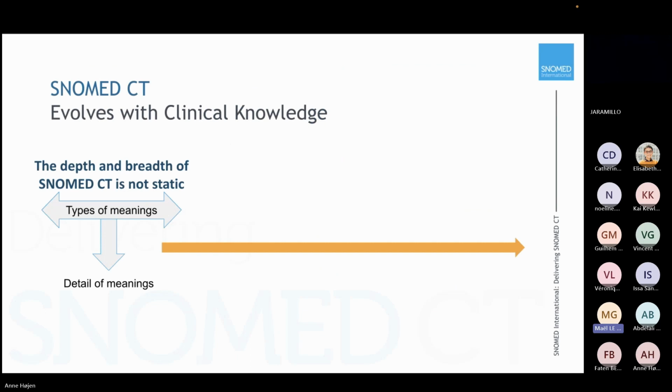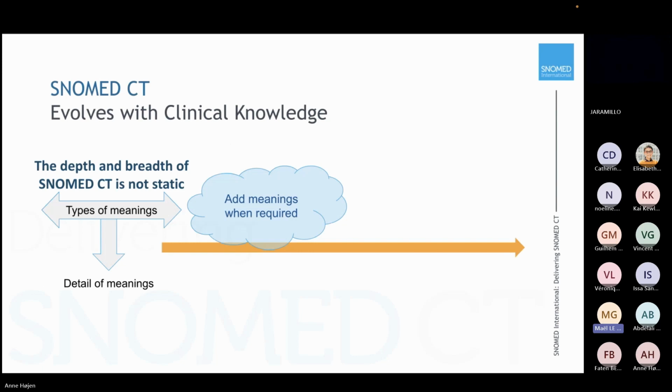SNOMED CT evolves. So when we talk about the breadth and the detail, that can change over time. So in SNOMED CT, we add new meanings when these are required. And you'll also hear from Maëlle later about how it works with the French extension.